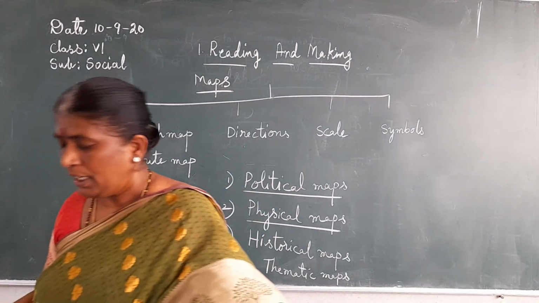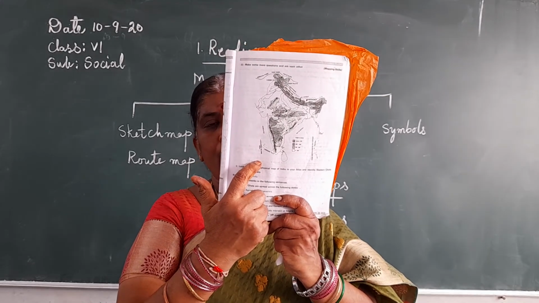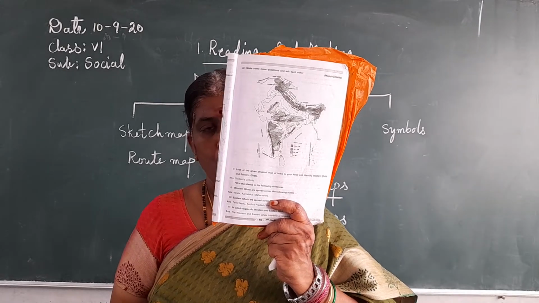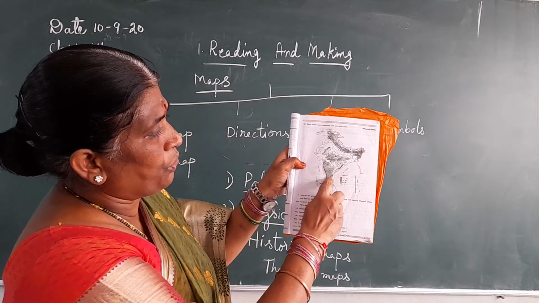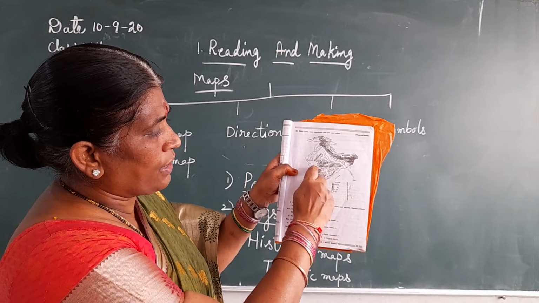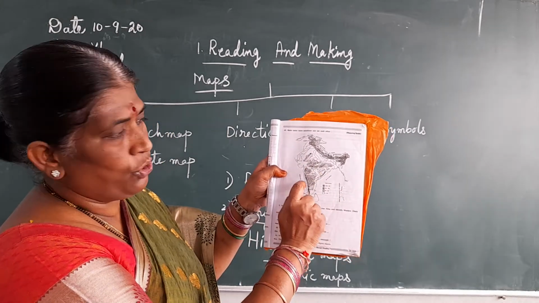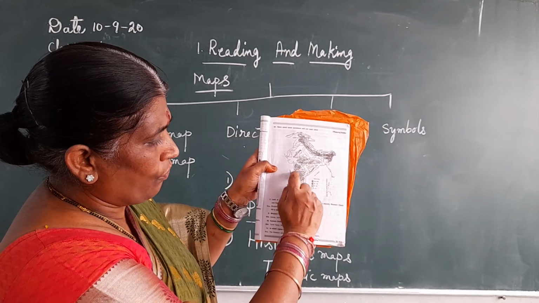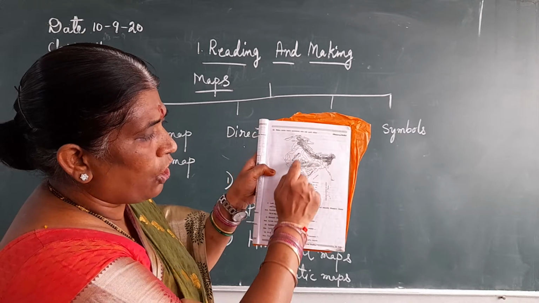Now if you see here, it is a physical map of India. What will it show? It will show all the landforms, like the Plateau region, mountain region, Eastern Ghats, Western Ghats, all the rivers. Himalayan mountains, Deccan Plateau, Western Ghats, Eastern Ghats, river Ganga, river Brahmaputra, all it will show.